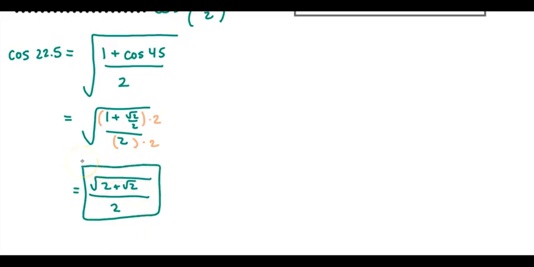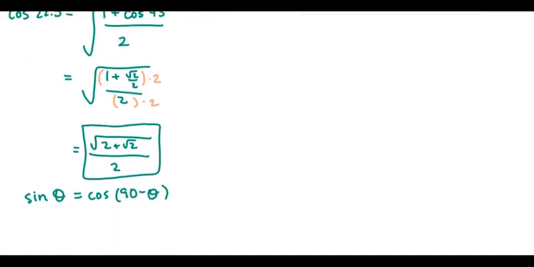That has to do with cofunction identities. The sine of an angle is the cosine of 90 minus the angle. Something like that. So we did the sine of 112.5. That would be equal to the cosine of 90 minus 112.5.